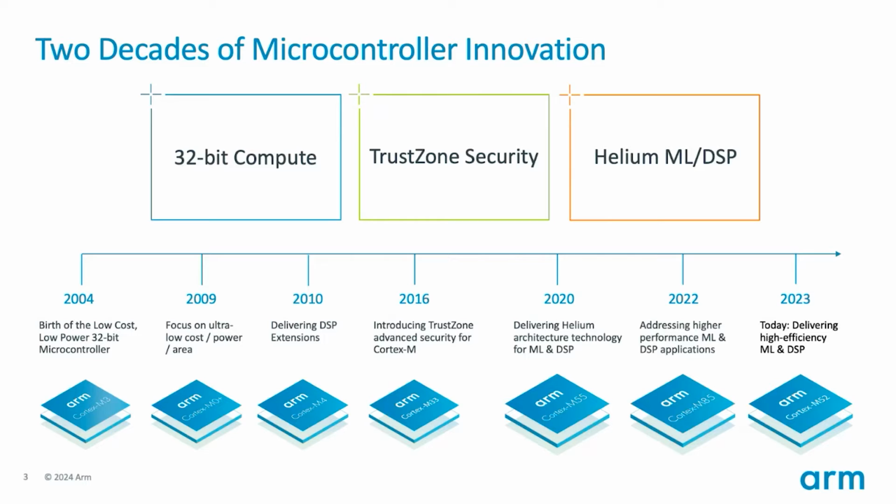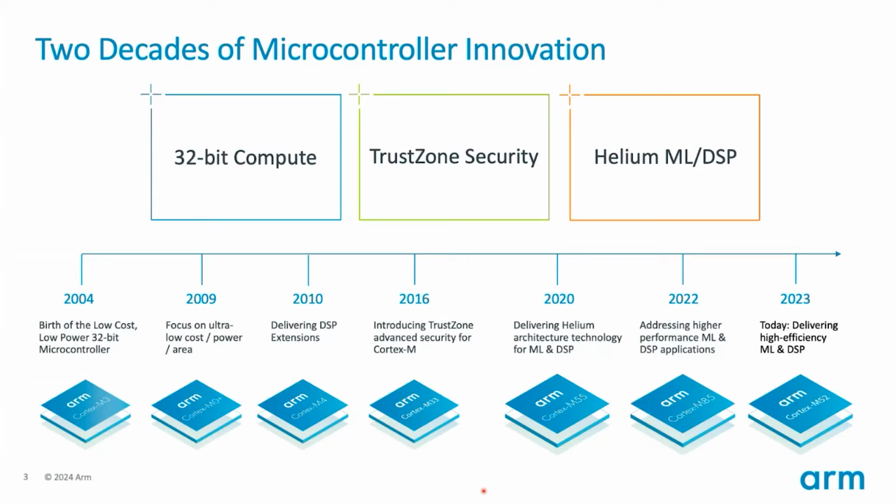Later, we continued to drive performance too. So as security became more important in our world, we introduced TrustZone for Cortex-M, so ARM security, which led to the introduction of the Cortex-M33 in 2016, which delivered another step change in security. And more recently, as the needs for more ML inference and DSP compute grew, we introduced the ARM Helium technology.